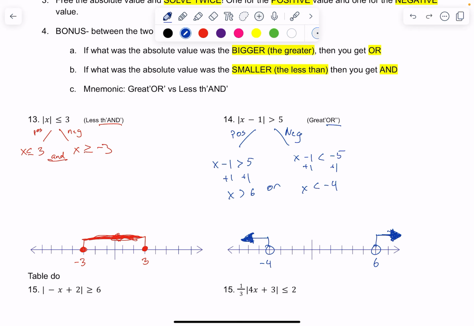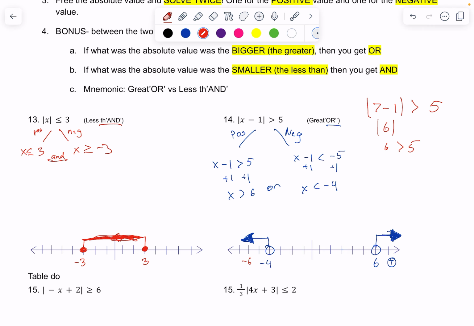We can test it out. Let's plug in 7. If I plug in 7, the absolute value of 7 minus 1 is greater than 5. I'm going to get 6, the absolute value of 6 is still 6, and that is greater than 5. Yay, that is a true statement. Let's choose negative 6 over here. Plug that in.